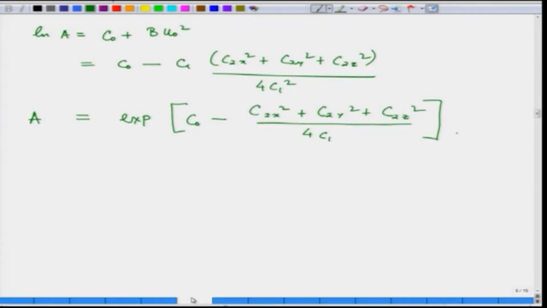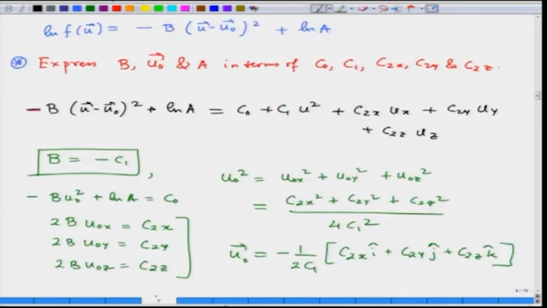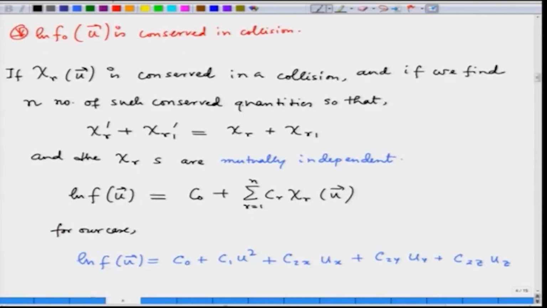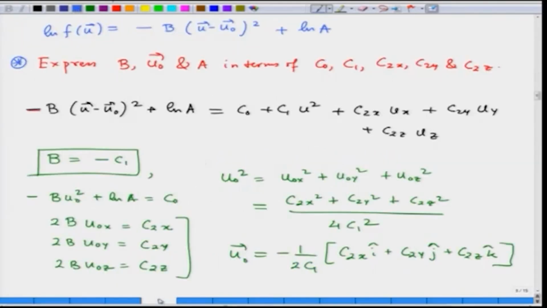Okay. Now, coming back to our previous thing where we wrote that the log of f(u) is equal to minus b (u minus u0) whole square plus log of a. Let me just tell you one thing in case you are lost: here f0 should be written, so every f should be replaced by f0 because that is only true for f0.